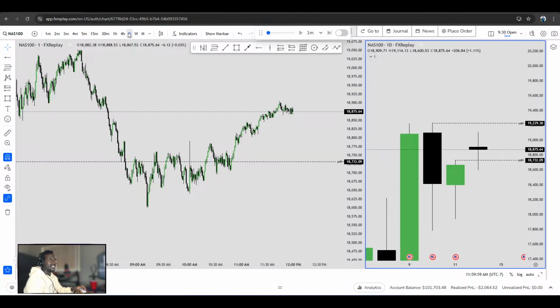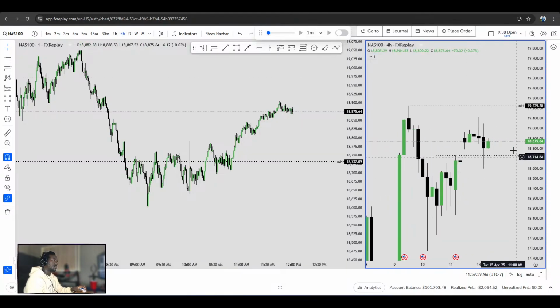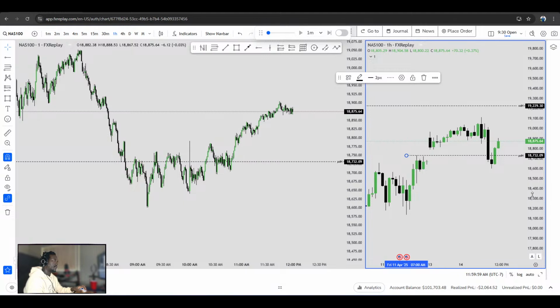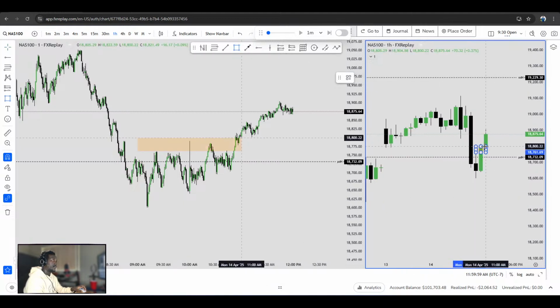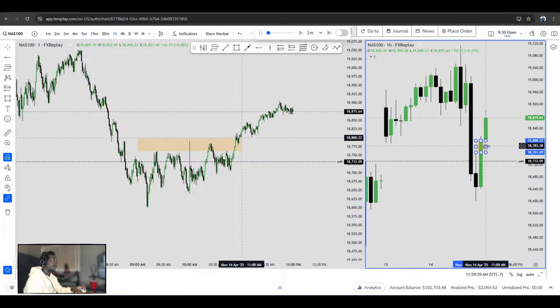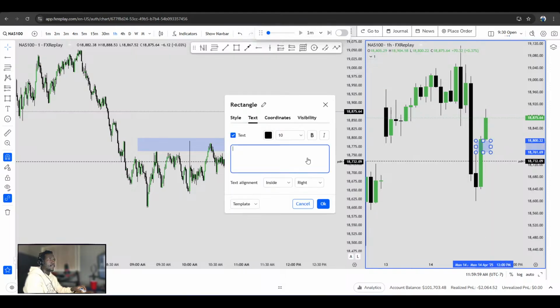And then do I need anything on the 4 hour? Not really. So we are in between the previous 4 hour candle. We have a gap over there. That's good. What about the 1 hour? What do we have? So this is nice, we have a fair value gap right here. So let's see if we can get in there and get a bounce to the upside.